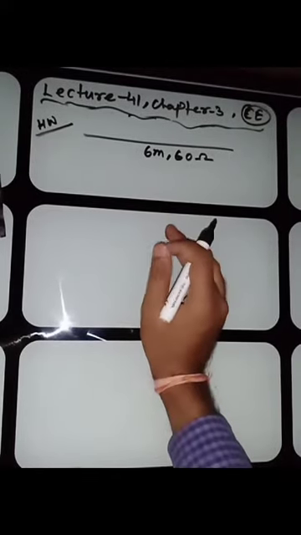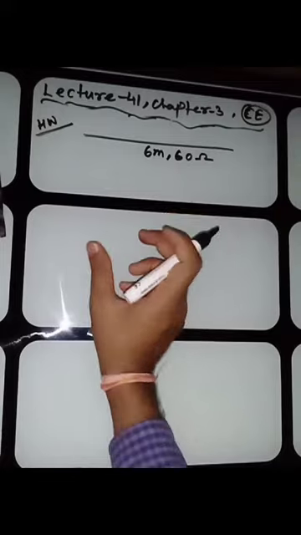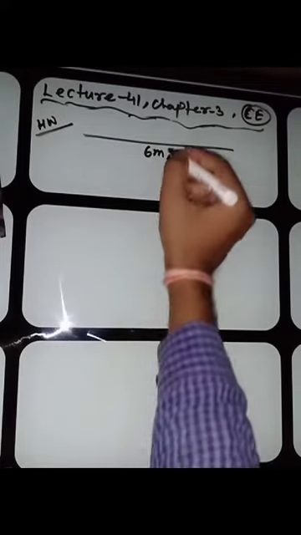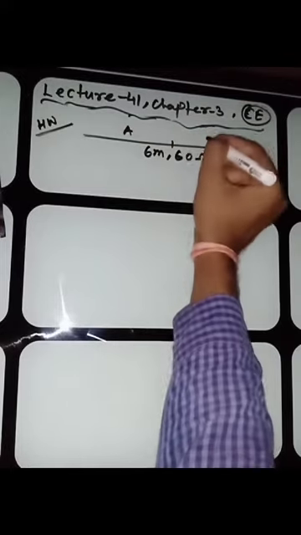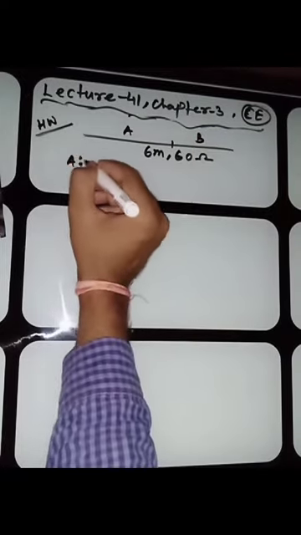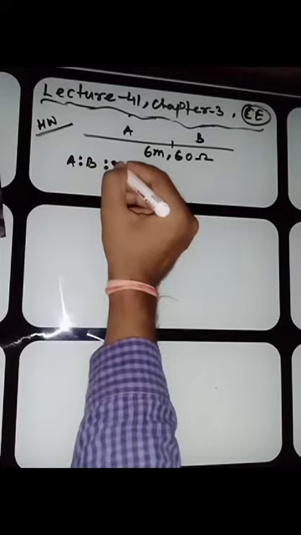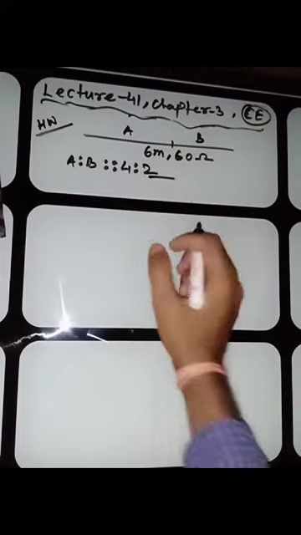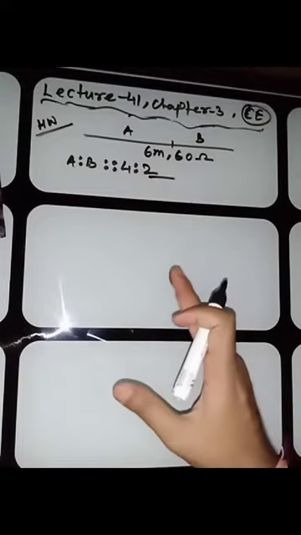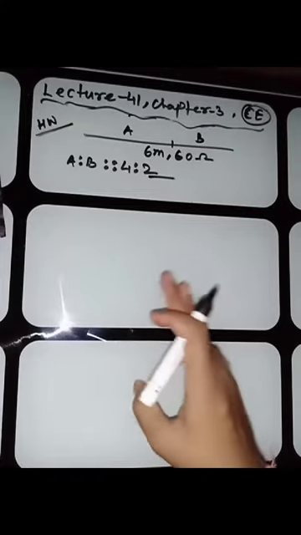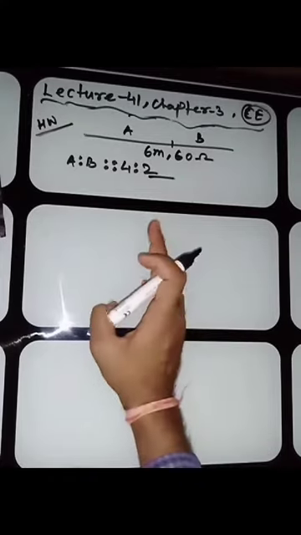Now this wire is divided in 2 pieces, A and B, in 2 sections, as A is to B is 4:2, okay. The 2 sections are divided in 2 parts in 4:2 ratio, okay.